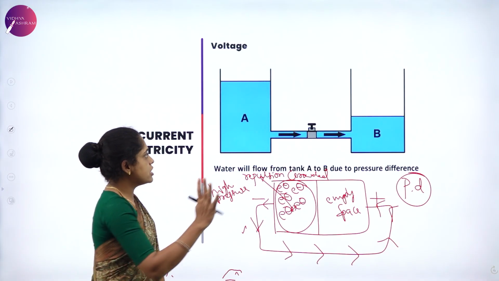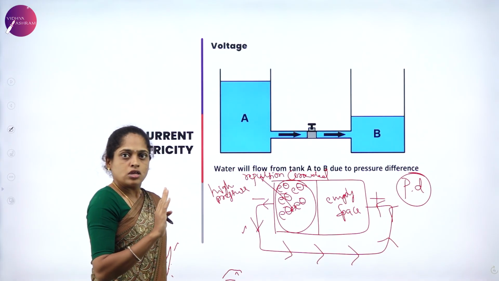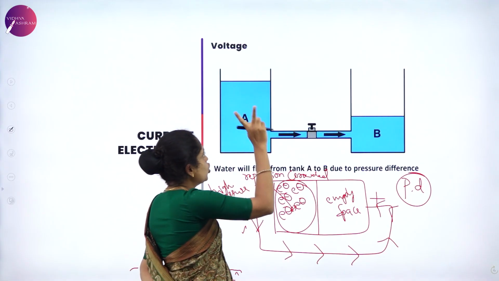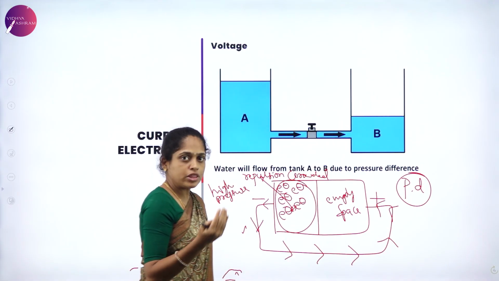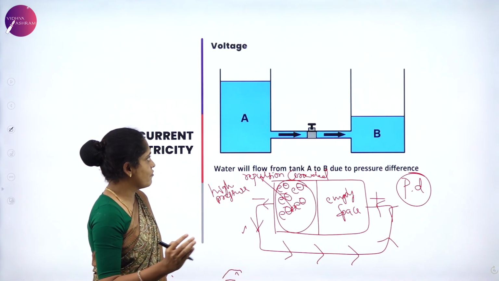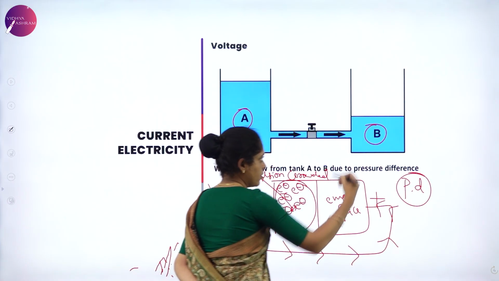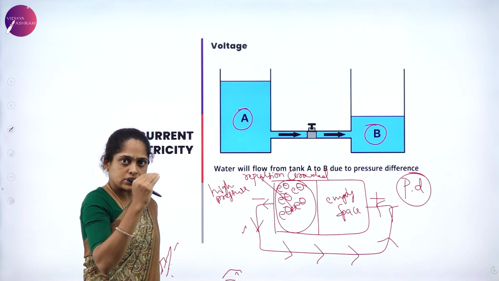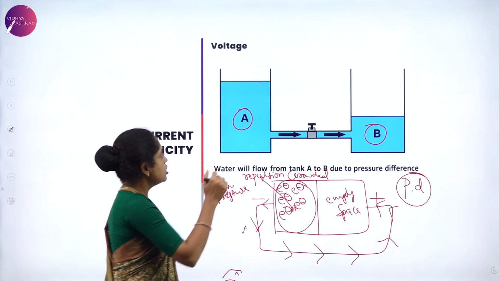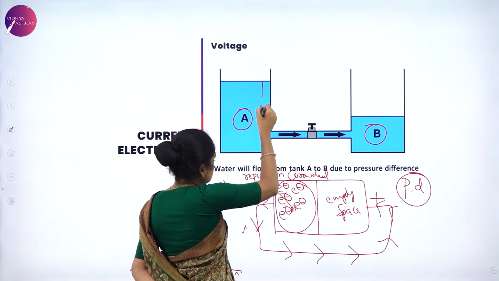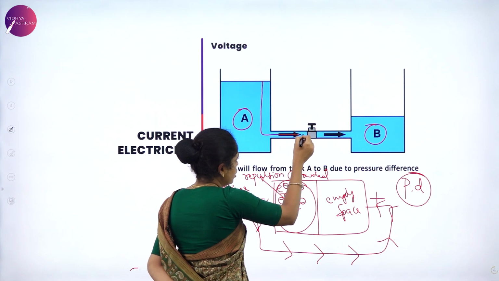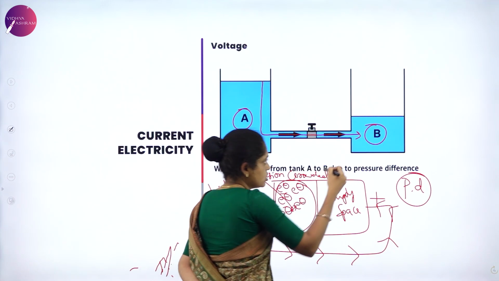To help you understand, here is the picture. Imagine you have two containers filled with water to different levels. Let us consider one as A, another one as B. As the water levels are different, from the level which is high, the water starts to flow to the level which is low.